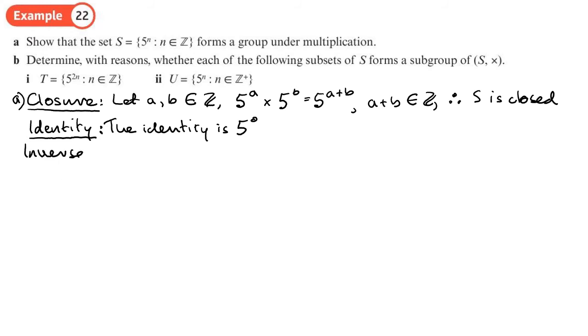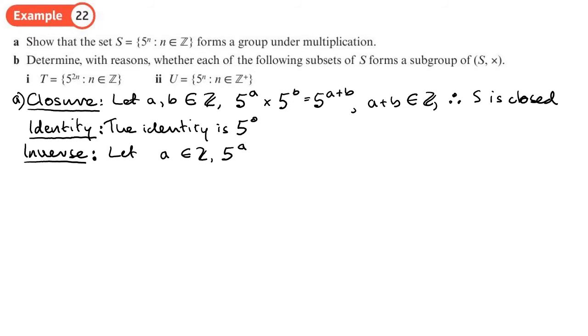Next thing we want to look for is the inverse. What can we multiply to give us 5 to the power 0? So if we say a is an integer, actually I didn't need to do b, I could have just done a. So a is an integer.